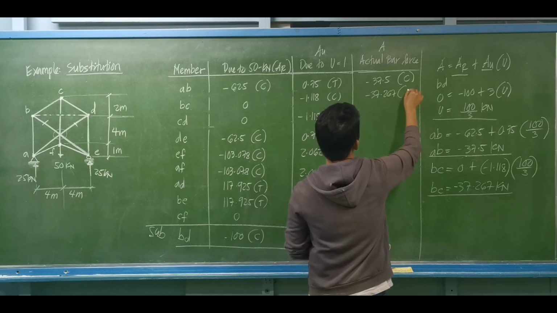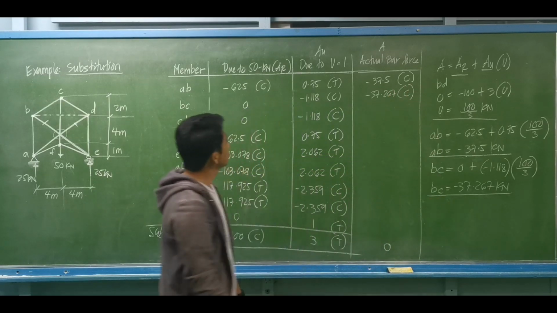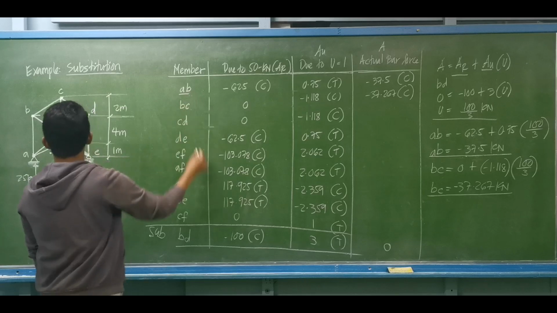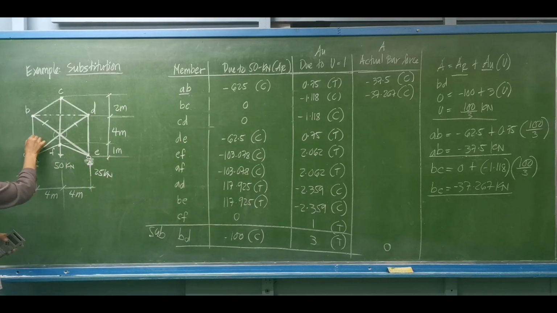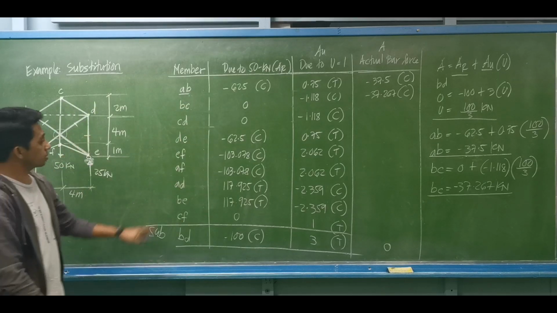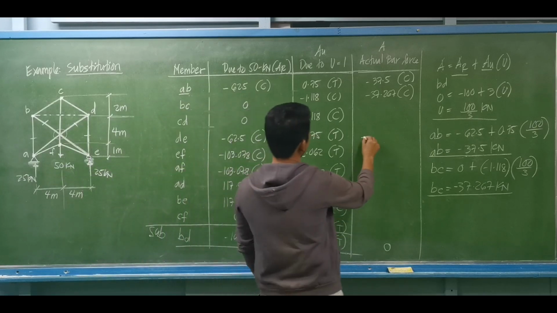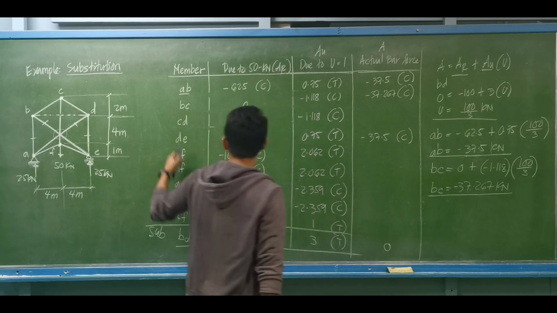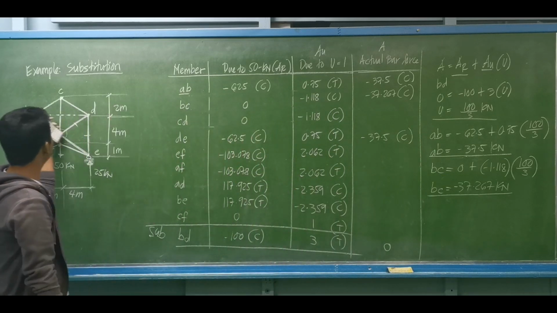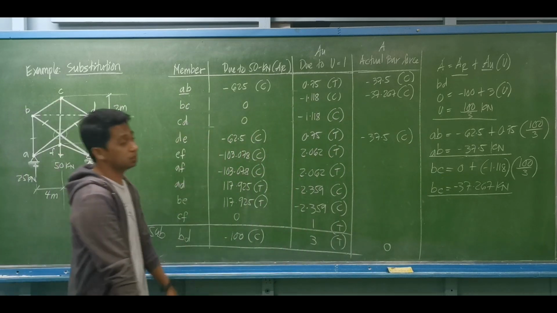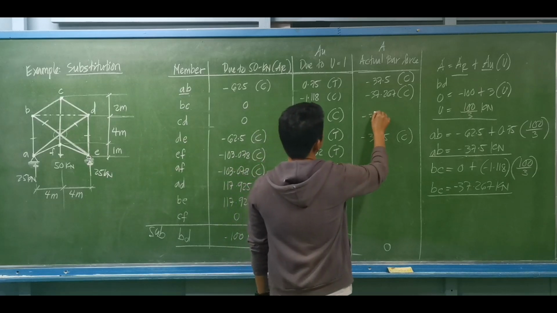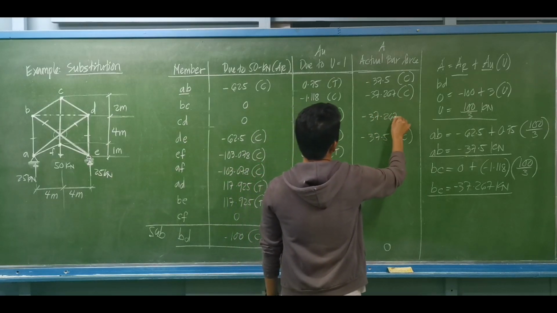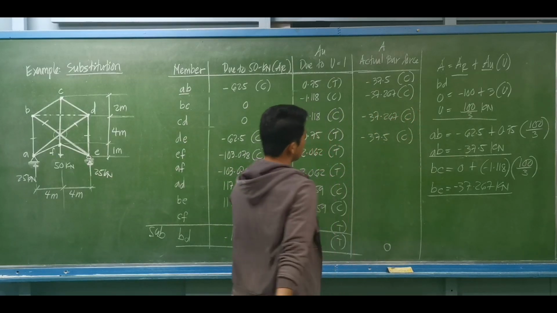This means also under compression. Member AB is similar to member DE. So this is negative 37.5, also under compression. The same as BC is CD. This is negative 37.267, also under compression. Okay?